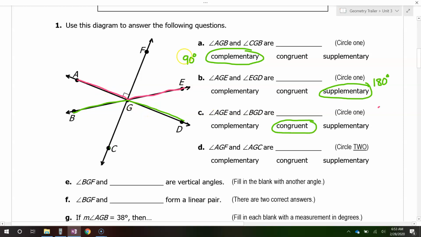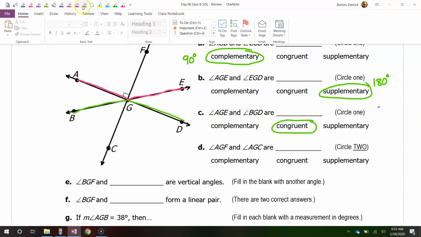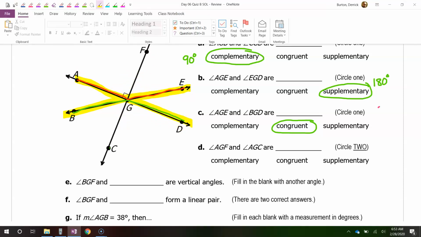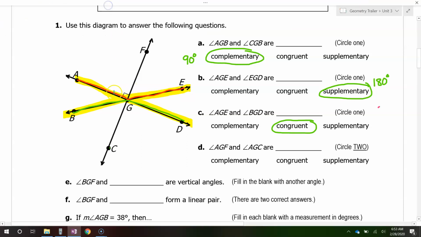These are vertical angles. When you put them back to back like this, maybe you can see that they form an X. And when you see that X, angles that are across from each other are vertical angles, right? They're called vertical angles, and vertical angles are always congruent. So these angles are vertical angles, and they are congruent.